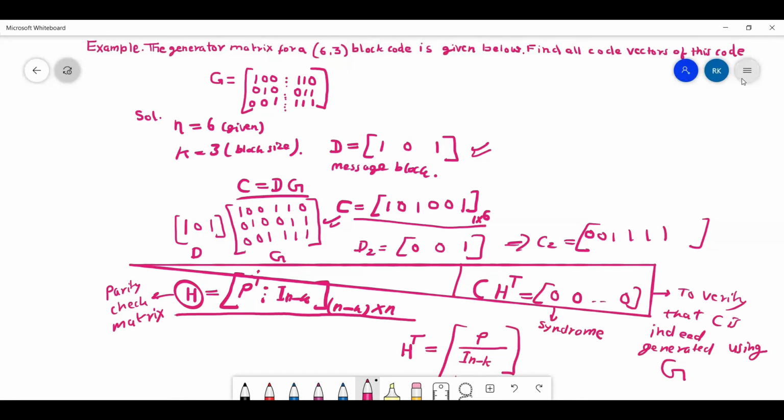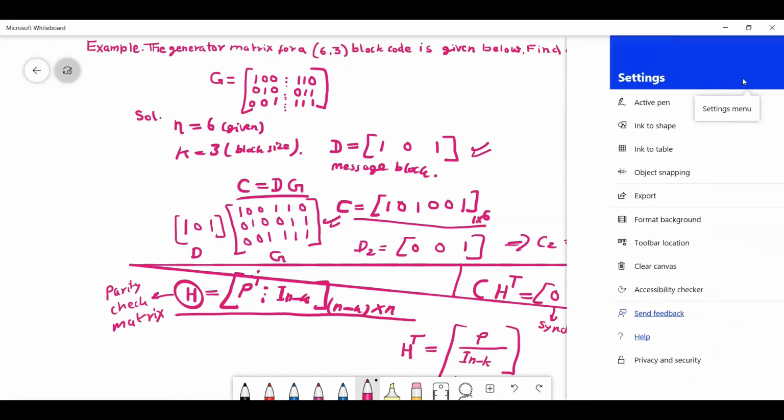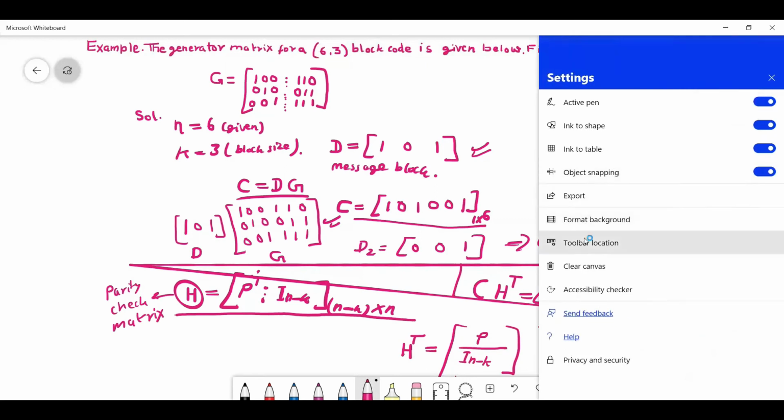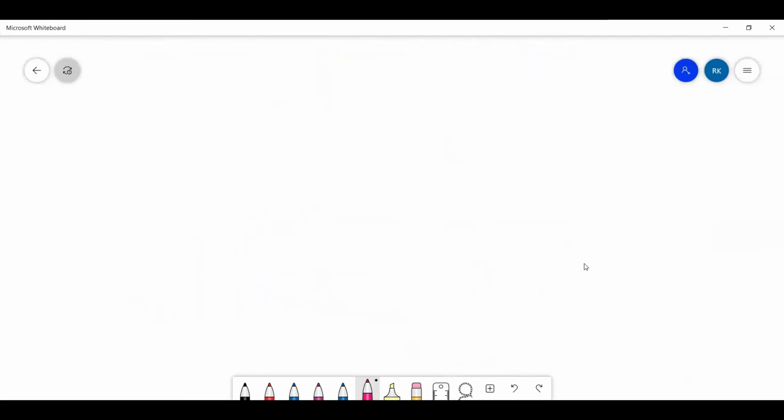Okay. So let me clear this canvas and write things again in order to make things more clear. Now we are considering a linear block code with size (n,k). So we have a linear block code with size (n,k) and with the generator matrix [I_k P] and a parity check matrix H given by this.